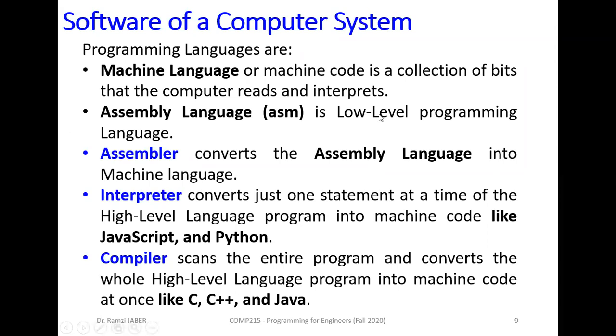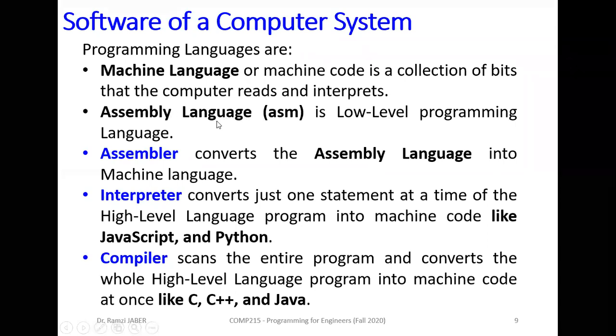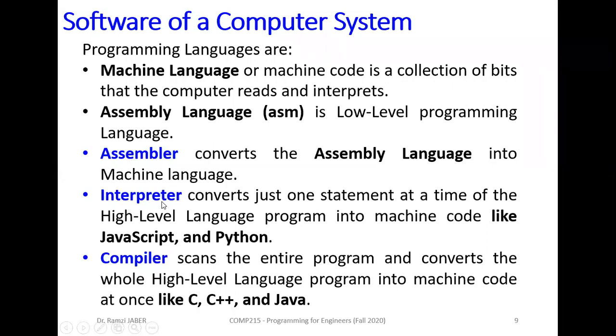Assembly language is a low-level language to program the machine code. It's an old language. There are three engines called assembler, interpreter, and compiler. The assembler converts the assembly language into machine language.